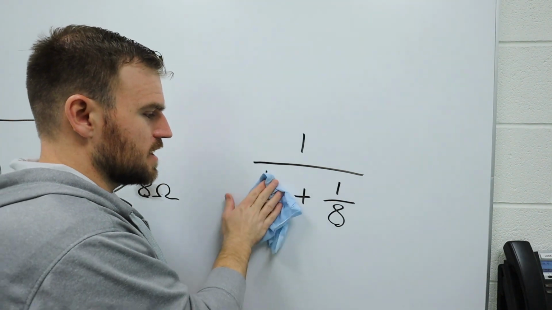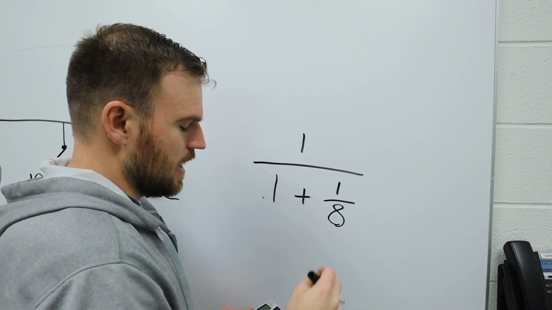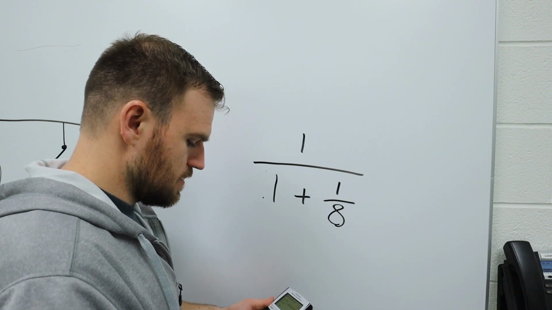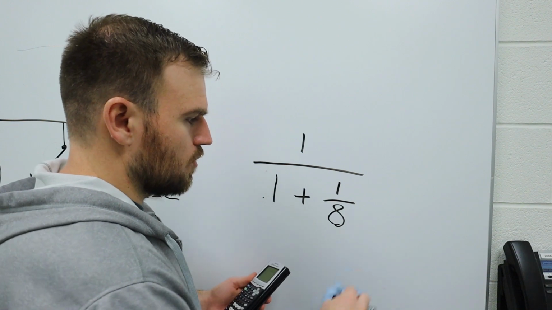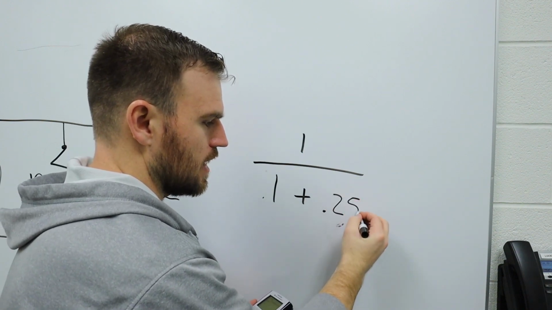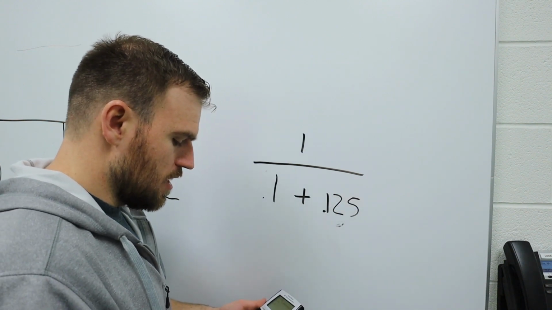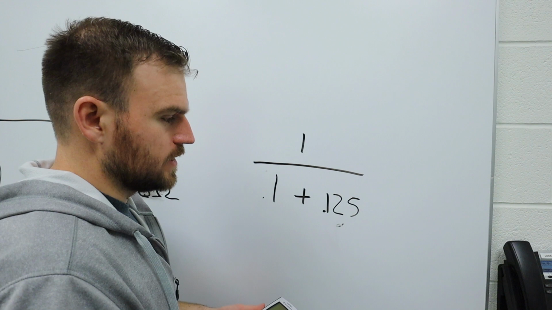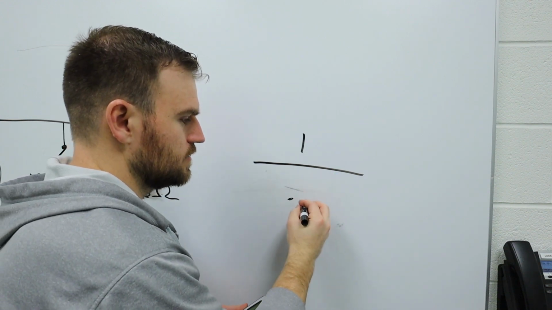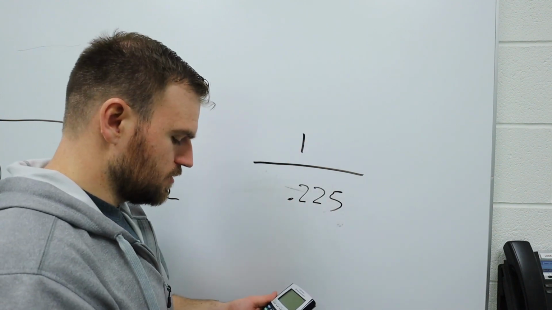The 10 is going to become 0.1, and the 8 will become 1 divided by 8, which will equal 0.125. Oops, forgot to put the 1 there. So we're just going to add those together, which will equal 0.225. So we can go ahead and erase all this, and we're just going to write 0.225. So it'll be 1 divided by 0.225.